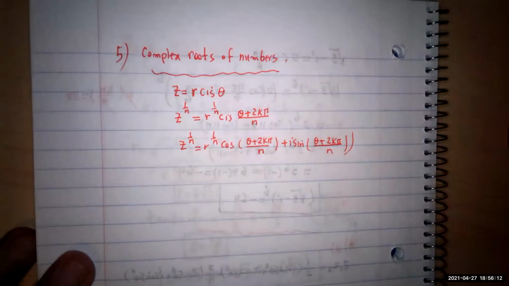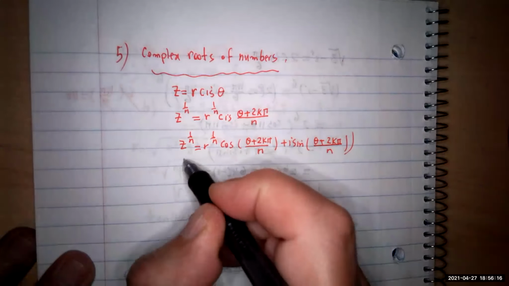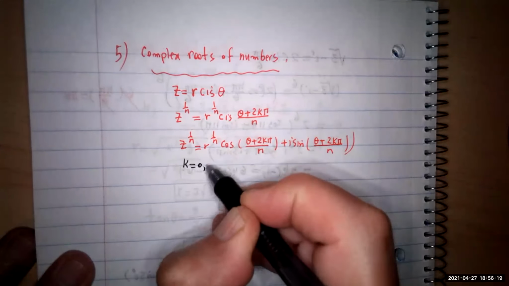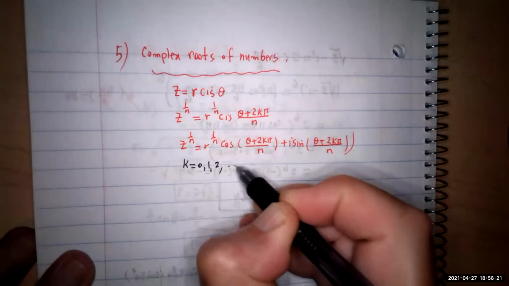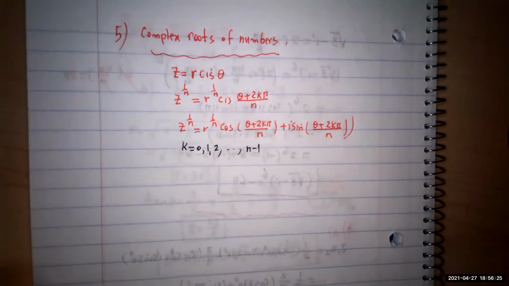How are we going to find the n solutions? You just change the k, to k equal to 0, 1, 2, up to n minus 1. That gives you n solutions.